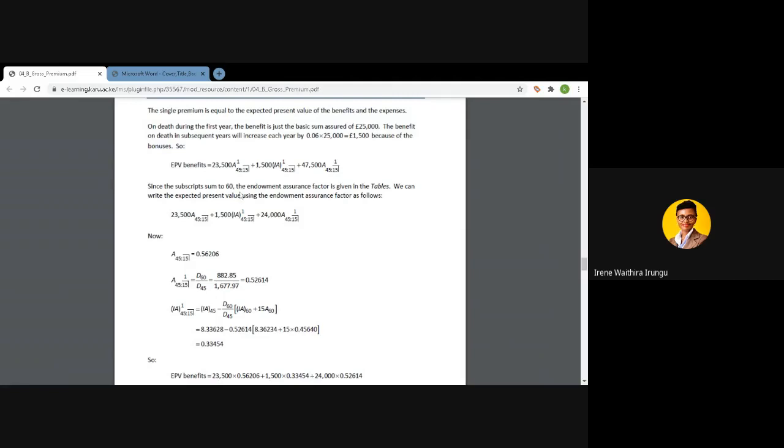So that what will remain will now be 24,000 A45 angle 15, the stress on 15. Then the middle term for the increasing part remains as it was.